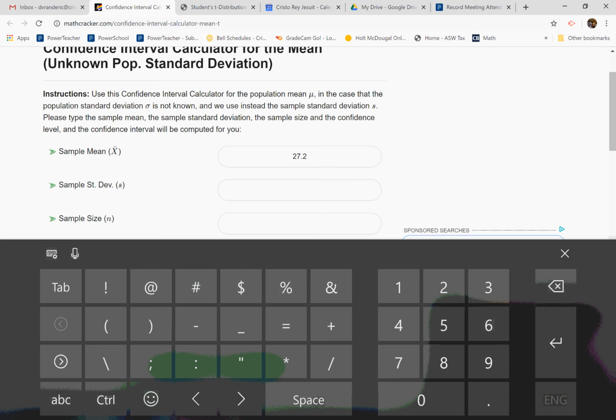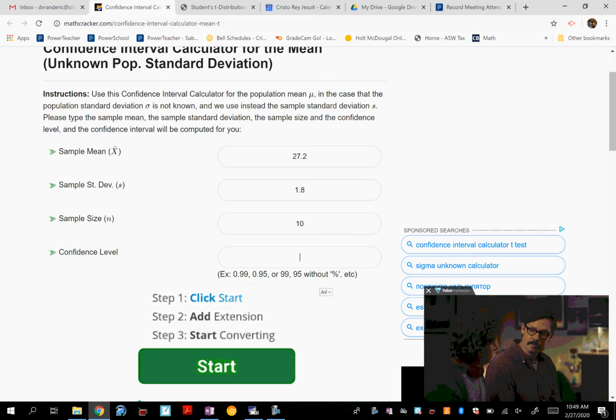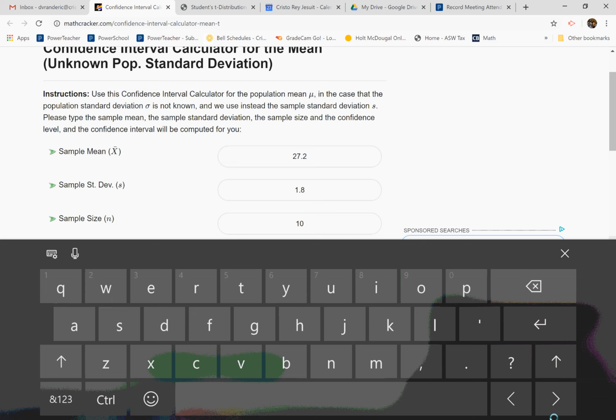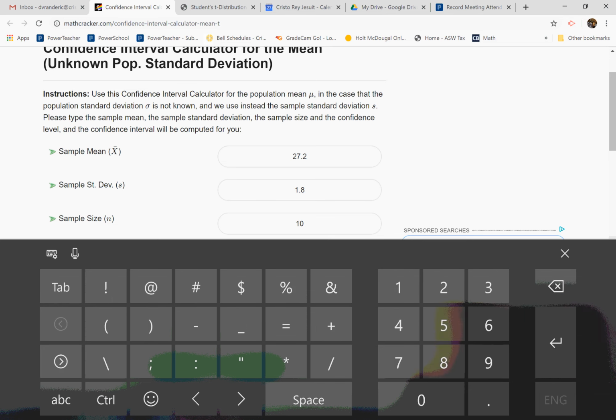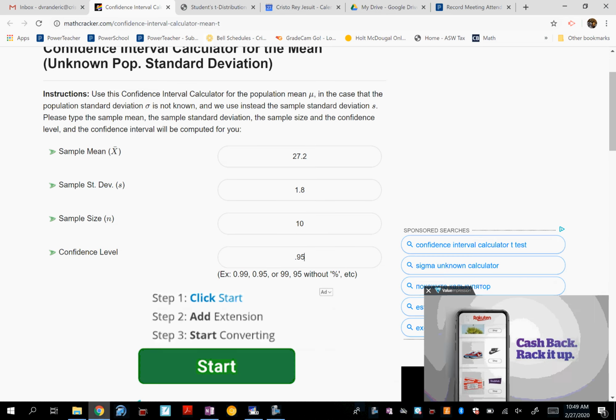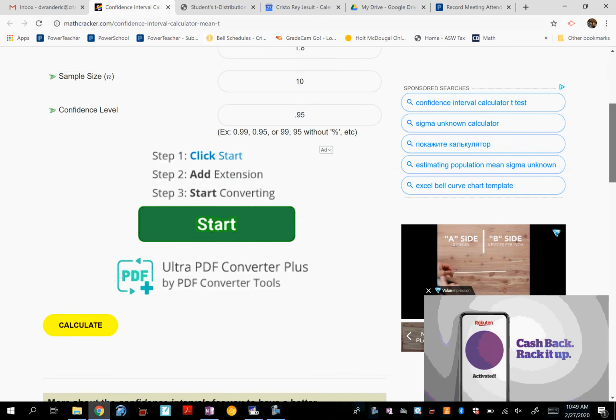Our sample standard deviation, 1.8. Our sample size, 10. And then our confidence level, 95. So I'm going to put 0.95. Excellent. Calculate.